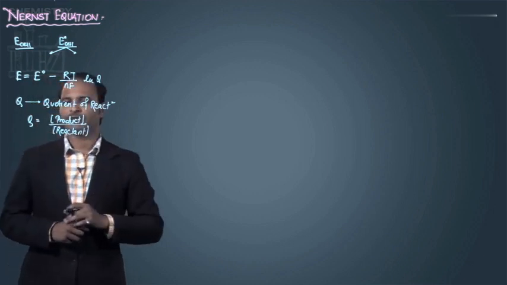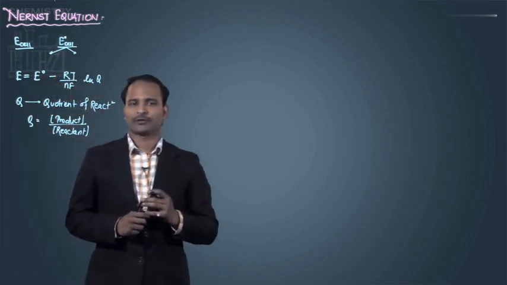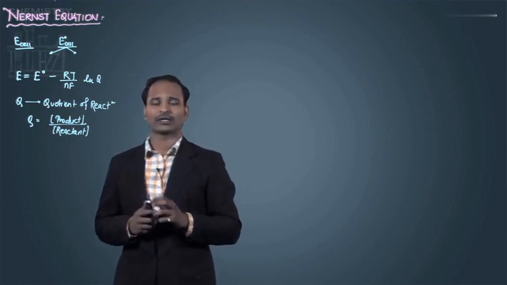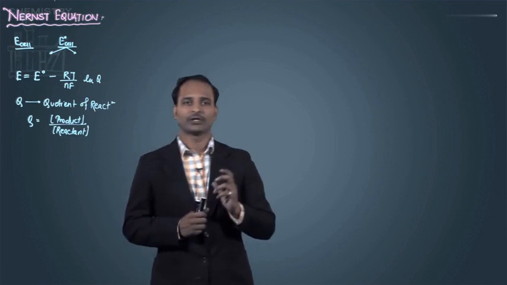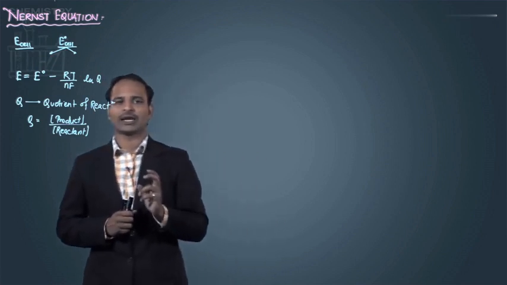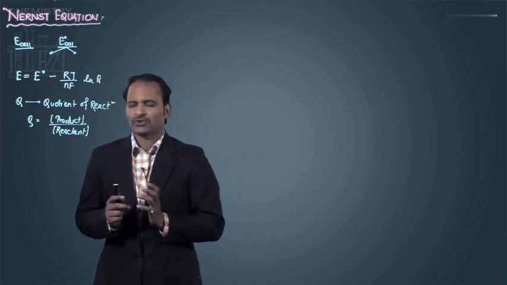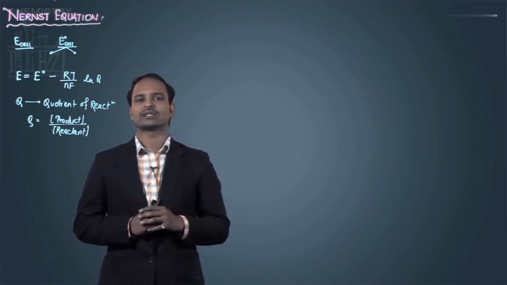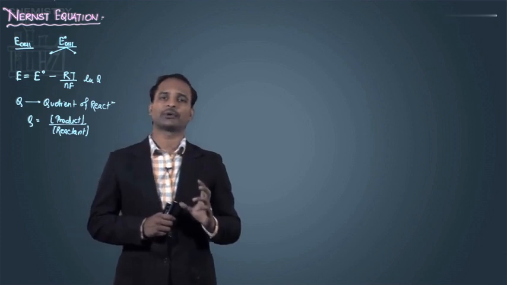But at the same time, when we write the value for Q, when we consider the molar concentration of product or reactant, we only consider the concentrations of aqueous ions or solutions, that is, we only consider the concentration of ions. We never consider the concentration of pure solids and pure liquids.